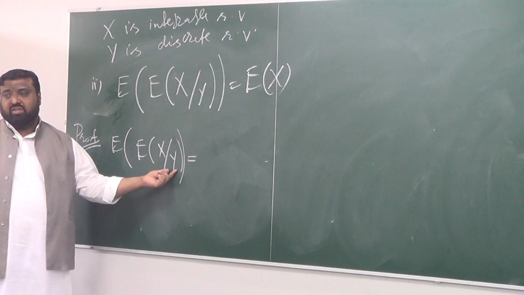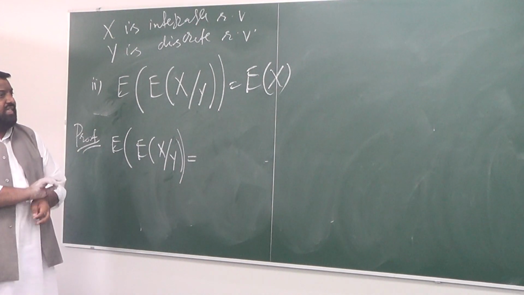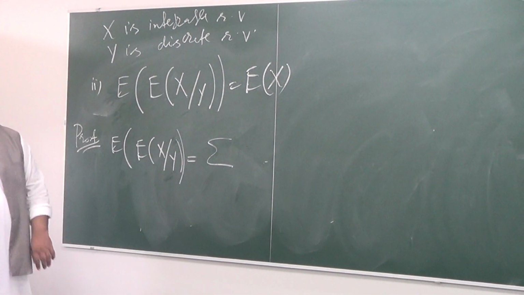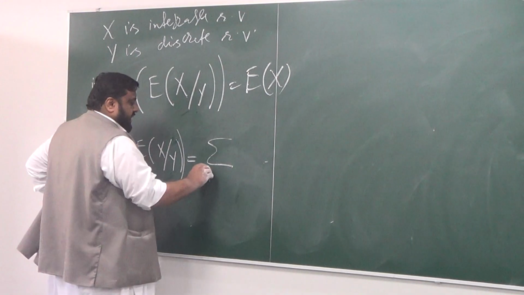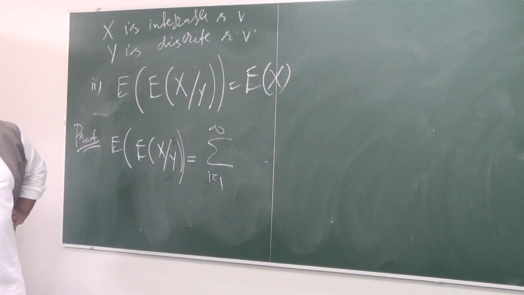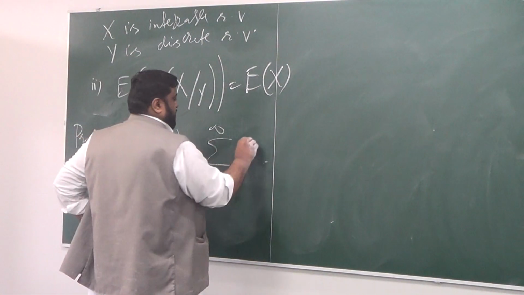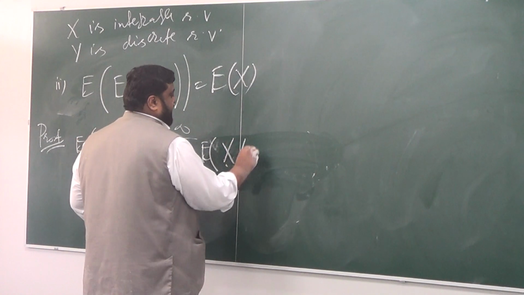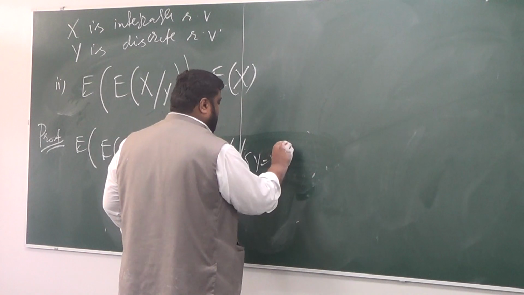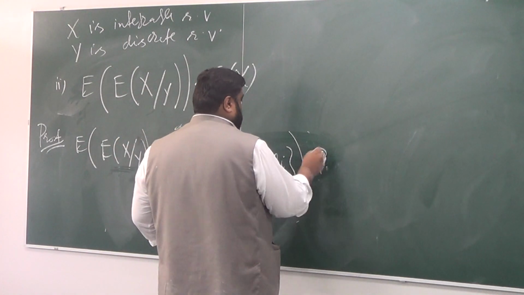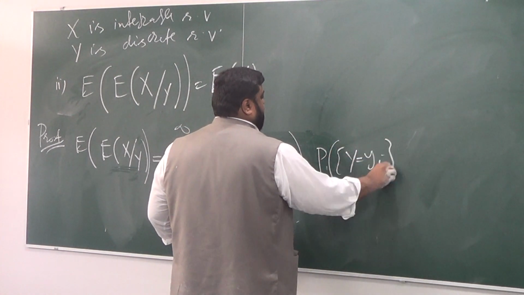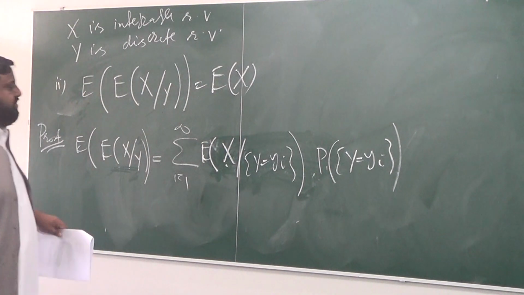So how can I write this? This would be the summation from i equal to 1 to infinity of the expectation of x given y equal to yi, multiplied by the probability of y being equal to yi. Okay, so you get this.